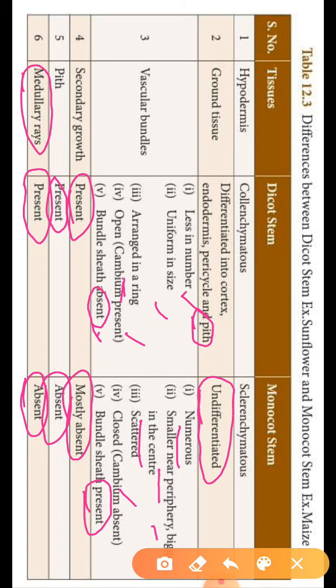Okay. Tissue. First one is hypodermis, second is ground tissue, third is vascular bundle, fourth is secondary growth, fifth is pith, sixth is medullary rays. Hypodermis is collenchymatous in dicot and sclerenchymatous in monocot stem.